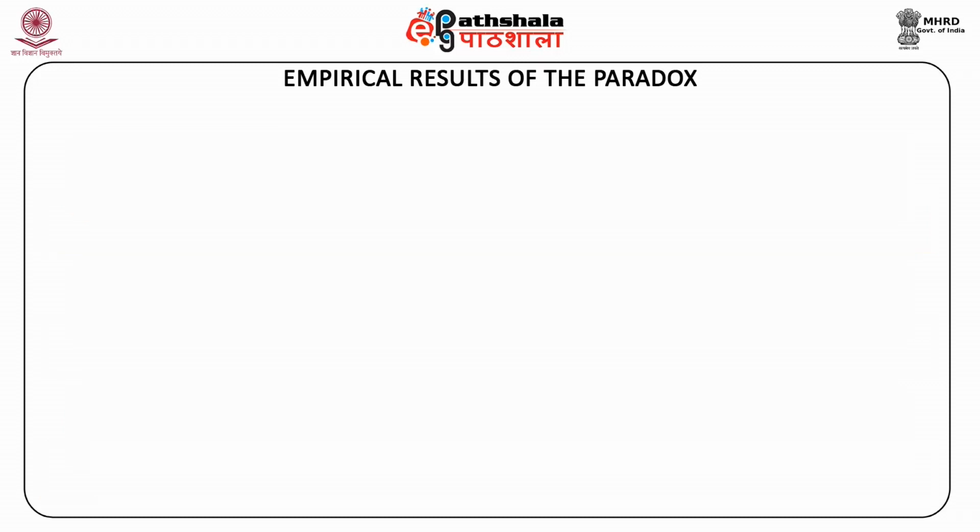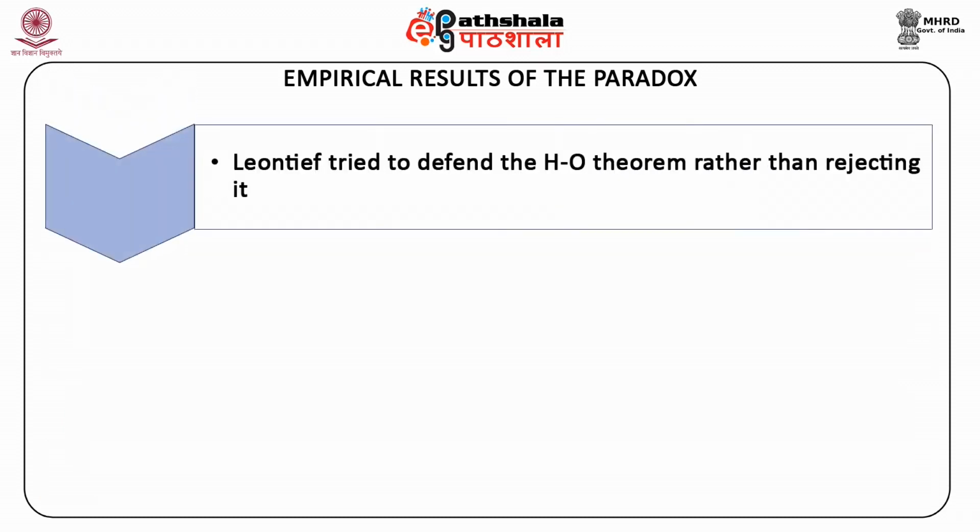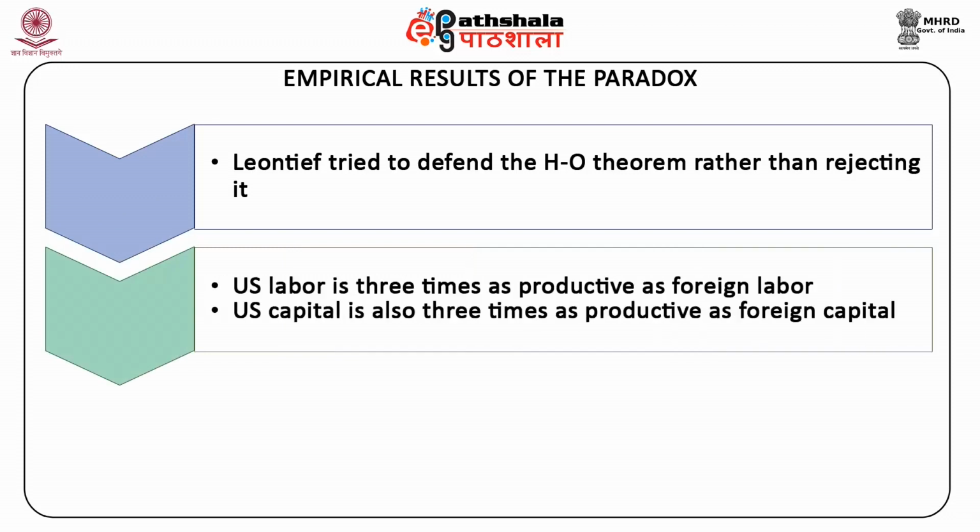In the same study, Leontief tried to defend the HO theorem rather than rejecting it. He argued that US labor is 3 times as productive as foreign labor, and the US will become a labor abundant nation if we multiply the labor force by 3 and the HO theorem will hold correctly.